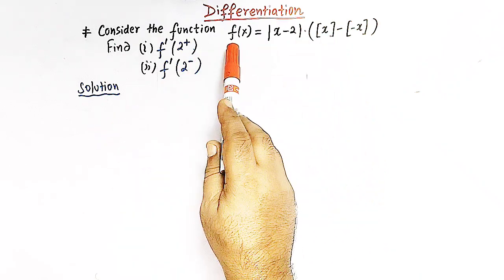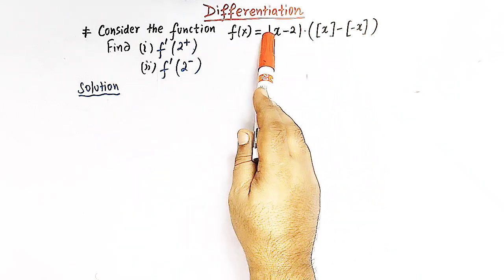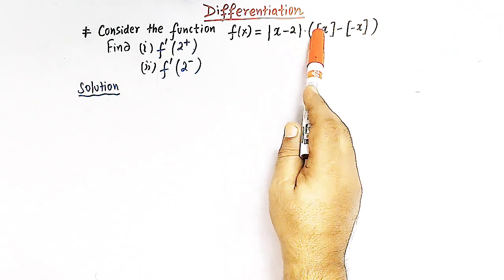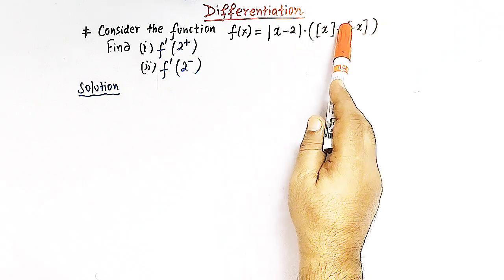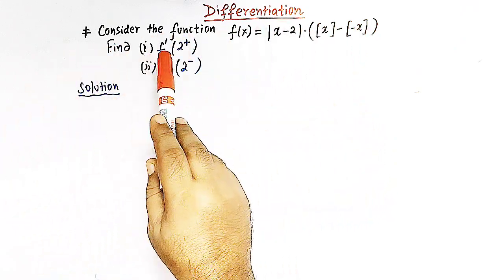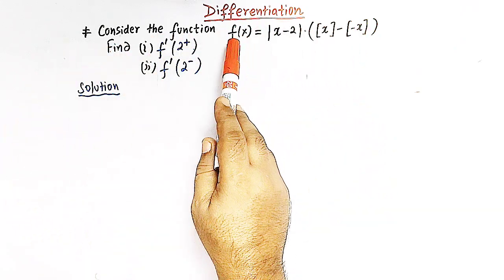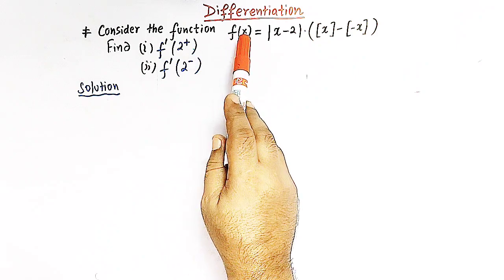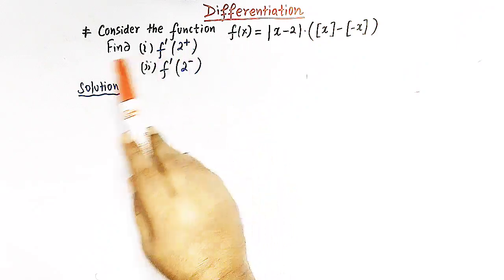Here f of x is given as the mod of x minus 2 multiplied with the greatest integer of x minus the greatest integer of minus x, and we have to find the value of the derivative of this function f of x at 2, right?